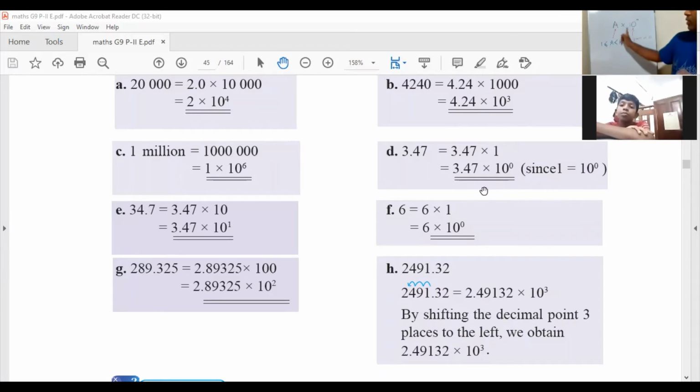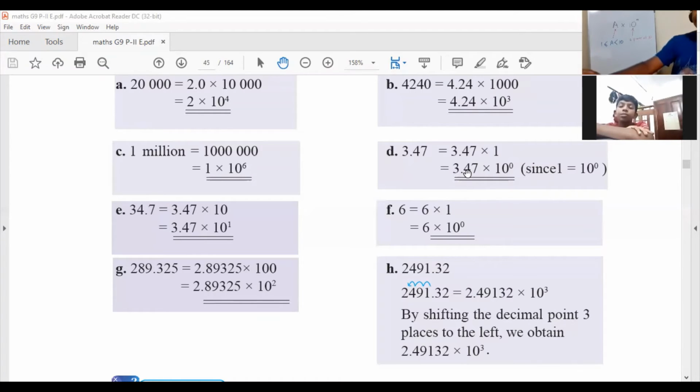Because when you are writing a number in scientific notation, this number should be a number between 1 and 10 or equal to 1. This part should be a power of 10. Here we have a power of 10 now, 10 to the power 0.